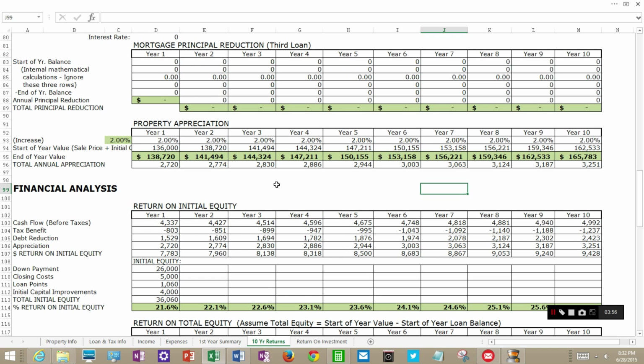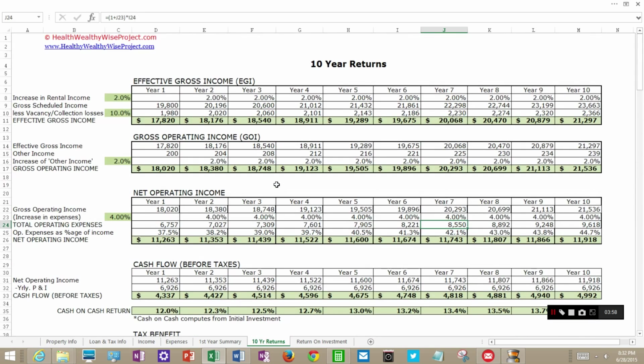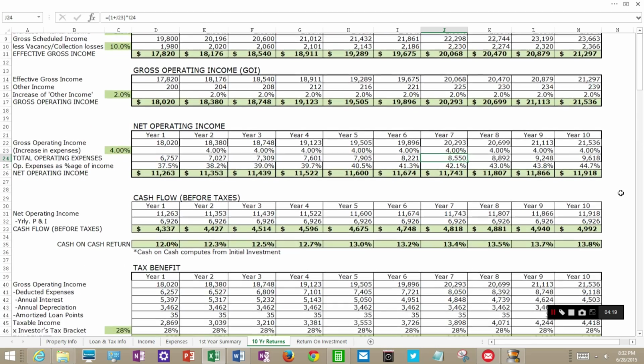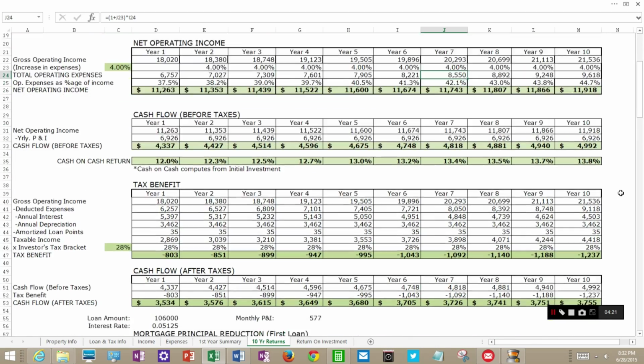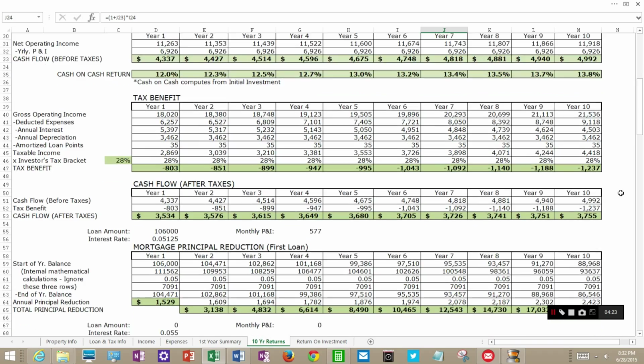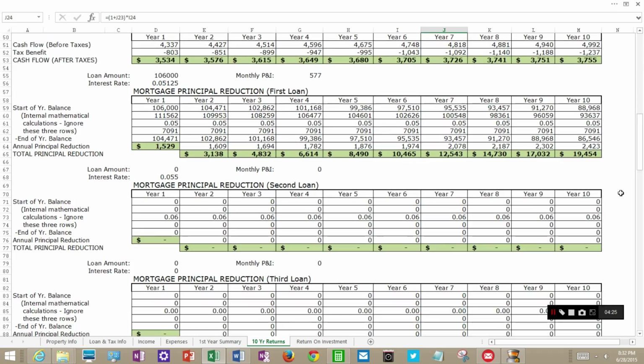We don't stop at 1 year. We go out a full 10 years based on all of the income and expense assumptions that you generated, and of course you can play what-if analyses with all of them. In the 10-year returns, you can review the estimates of gross and net operating income, cash flows, and tax benefits.